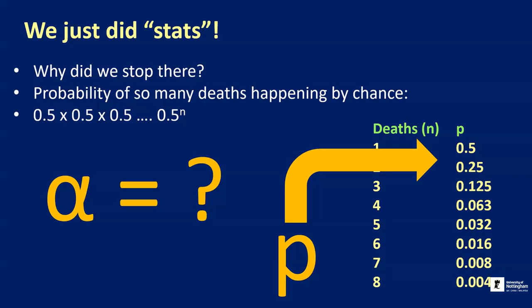And that threshold, the point at which we make that decision, we can quantify it as a particular p-value. And the standard p-value we use is 0.05 or 5%. And that threshold p-value, 0.05, is called alpha.